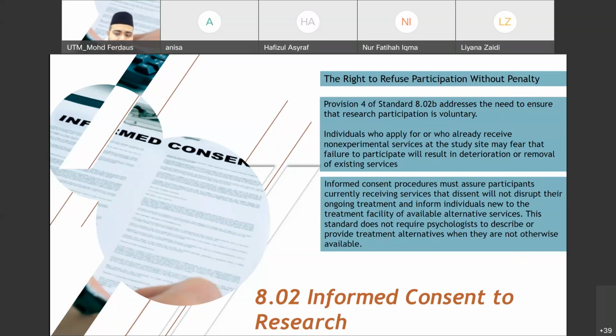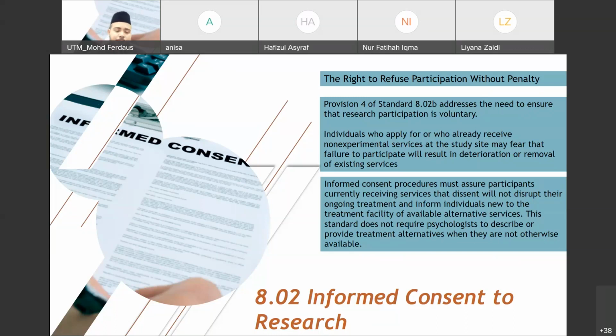So informed consent procedures must assure participants currently receiving services that dissent or disapproval will not disrupt their ongoing treatment, and inform individuals new to the treatment facility of available alternative services. This standard does not require psychologists to describe or provide treatment alternatives when they are not otherwise available.